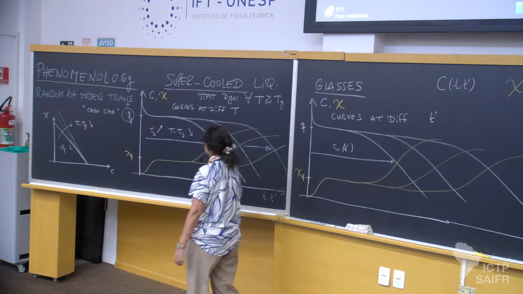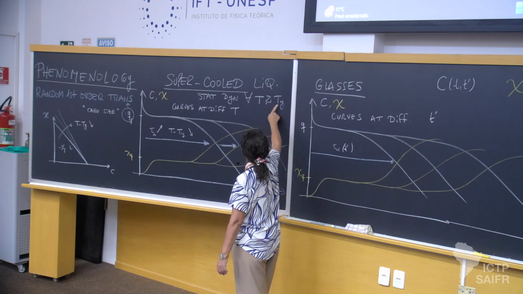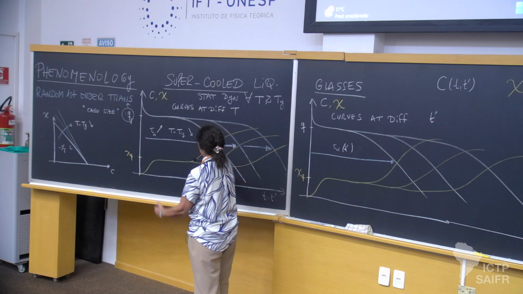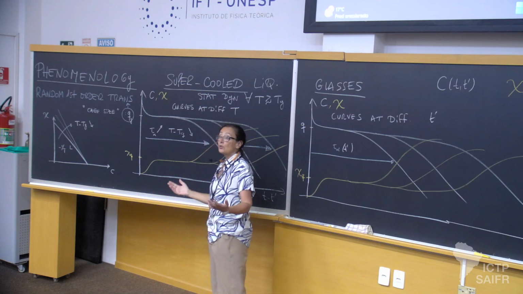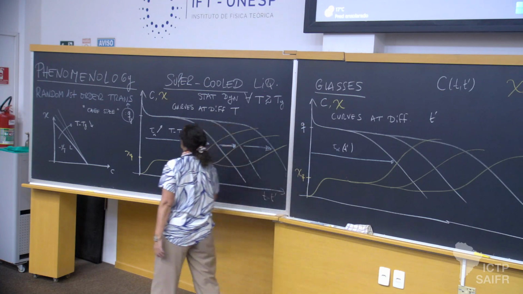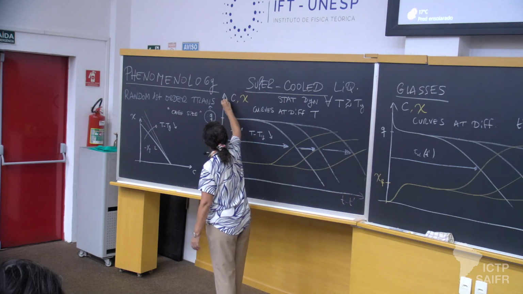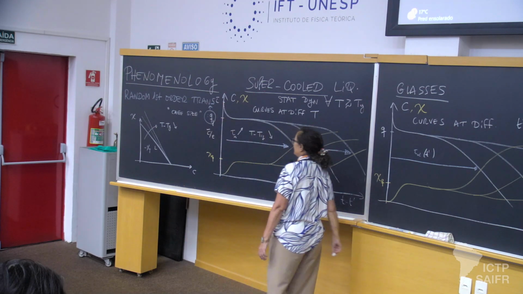But what happens is that if you cool down to temperatures which are closer and closer to Tg, the relaxation time, so the time difference needed for the correlation function to decay to some value, say C bar over e, where C bar is the correlation at equal times.